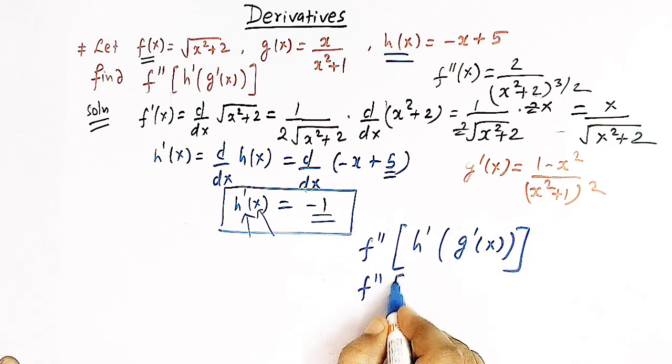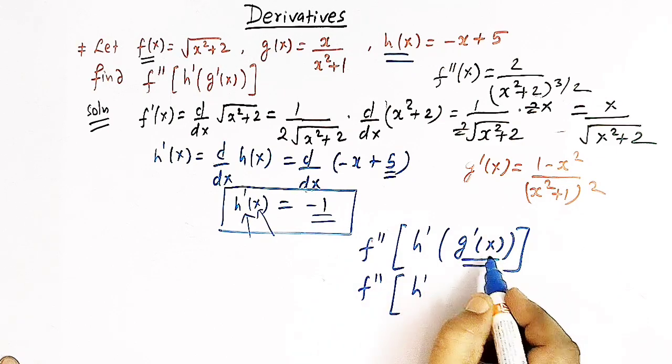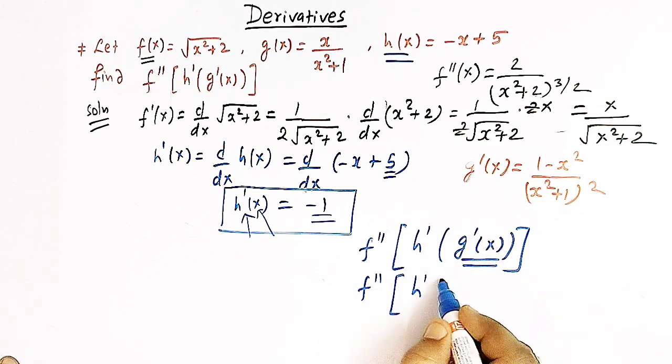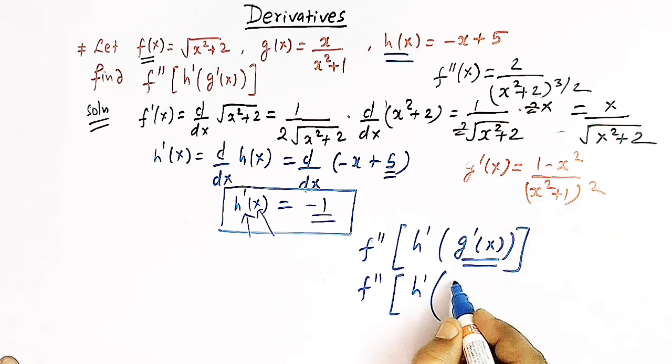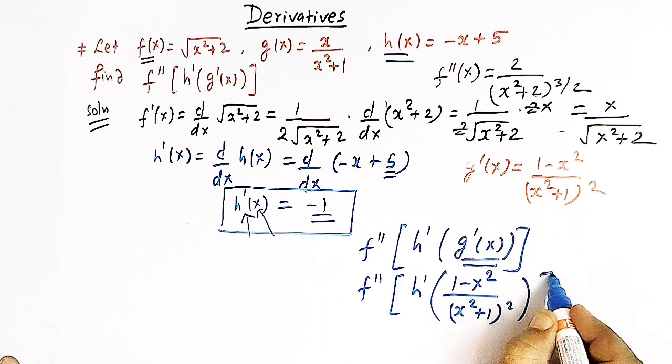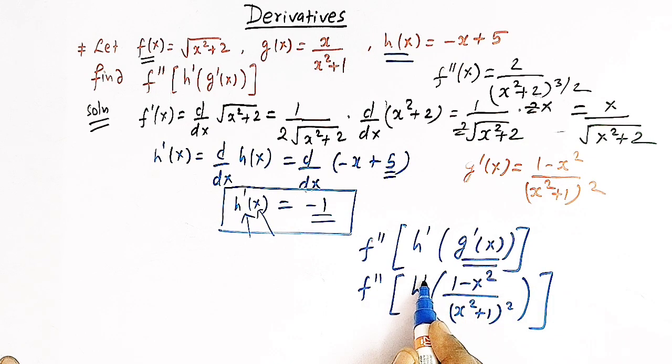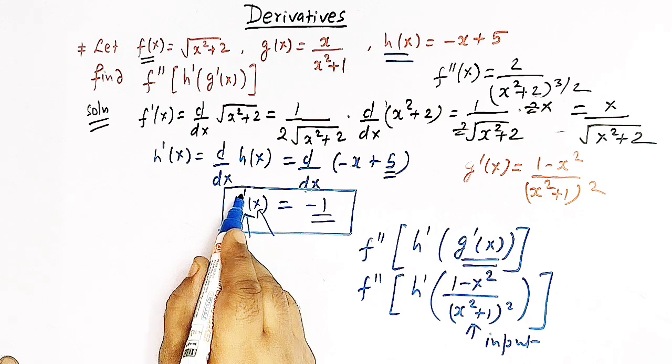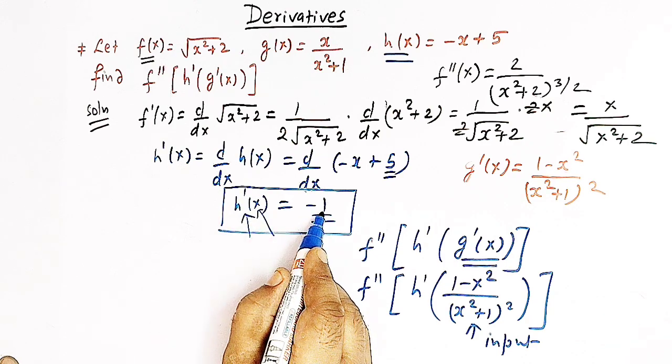So now if we substitute here g prime of x, then we have 1 minus x square over x square plus 1 whole square. And now here we have h prime of this function. So here our input is now 1 minus x square over x square plus 1 whole square, right? So h prime of x is equal to minus 1.